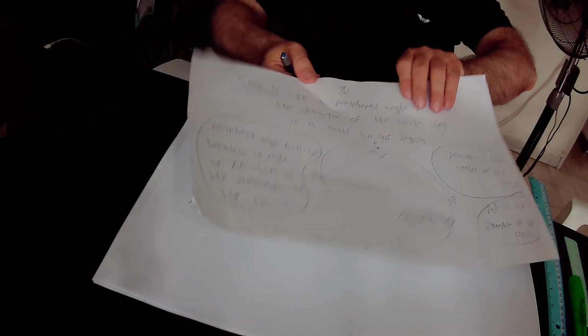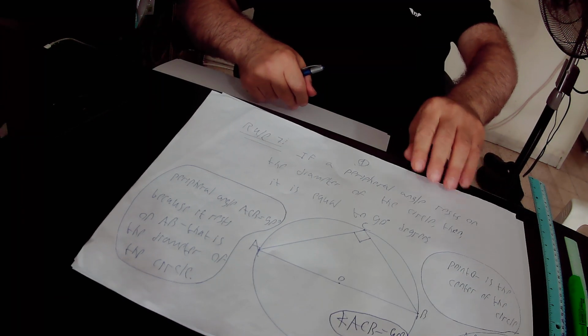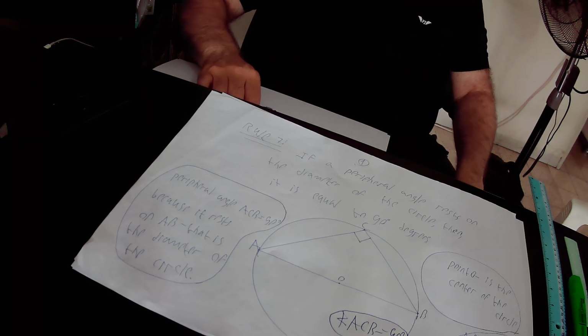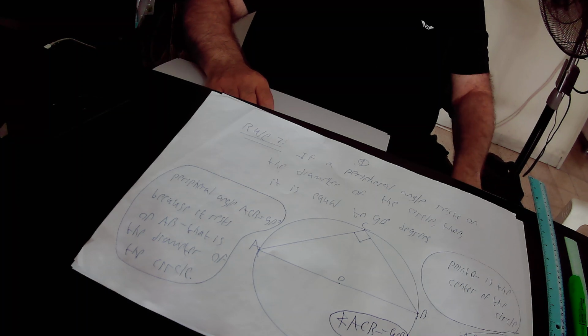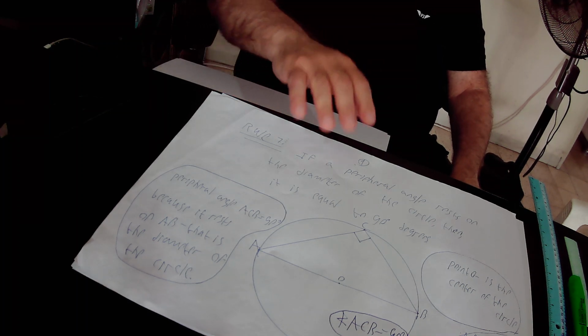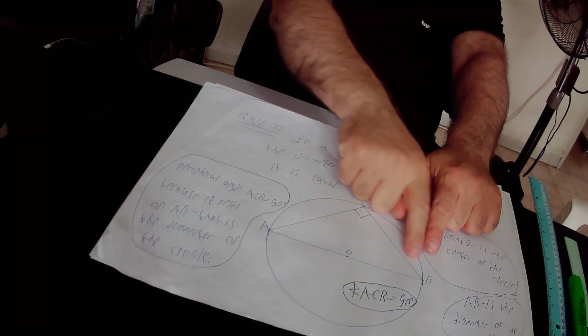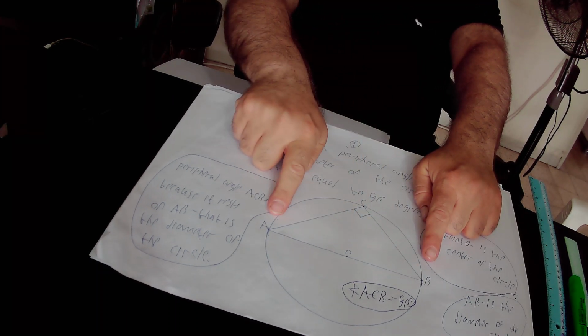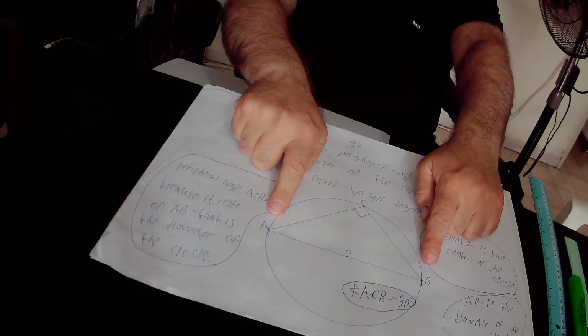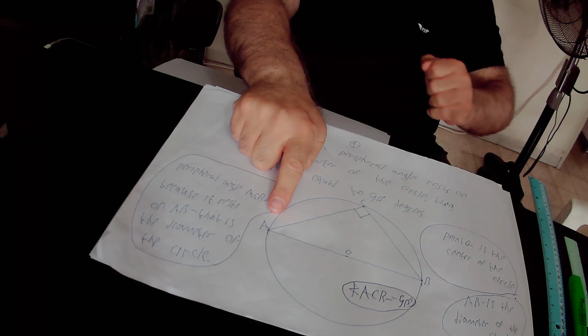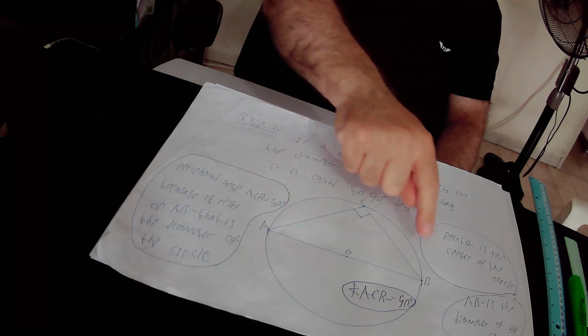According to rule 7, if a peripheral angle is subtended on the diameter of the circle, then it is equal to 90 degrees in its size. So in the drawing we have a circle, and this is line segment AB, the diameter of this circle, and we have peripheral angle ACB.